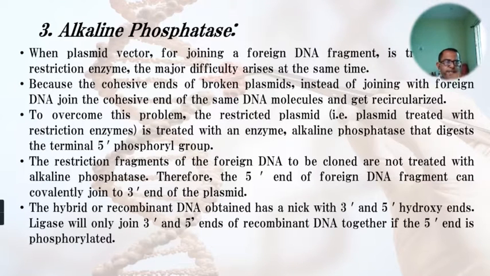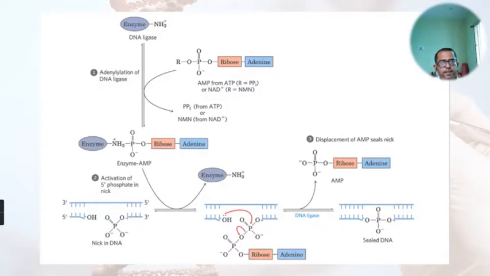Now, when we treat a plasmid by using a restriction endonuclease enzyme, for example, as we have seen in an earlier class, EcoR1 restriction endonuclease enzyme, it has the ability to produce cohesive end fragments, which we have earlier seen here.